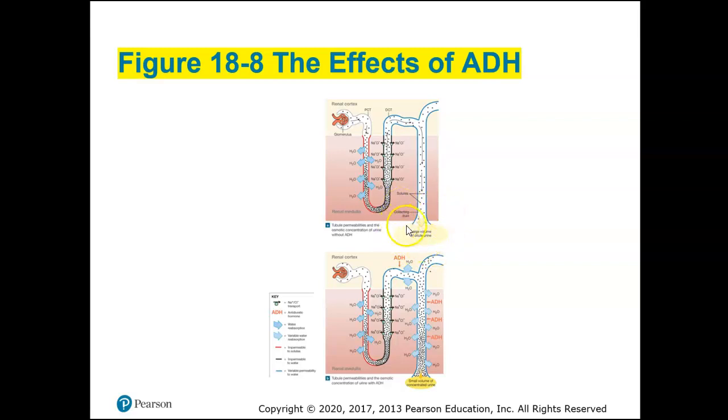And this is when you are not dehydrated and your body is not releasing ADH. But in the presence of ADH, water leaves the DCT and the collecting duct. And so the urine is concentrated and you release a small volume of concentrated urine.